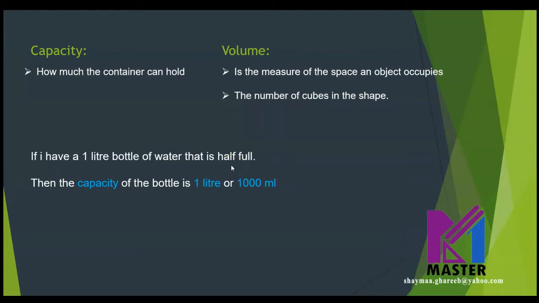We can also say it has 500 milliliters or 500 cubic centimeters. Then the capacity of this bottle, as we said, is 1 liter or 1000 milliliters or 1000 cubic centimeters. And the volume of water in the bottle is half liter. We can say half liter as 500 milliliters or 500 cubic centimeters. Is this clear now, the difference between the capacity and the volume?